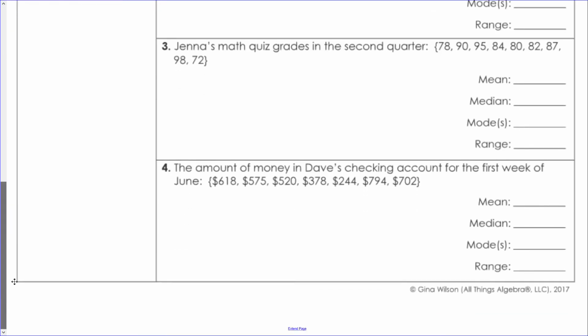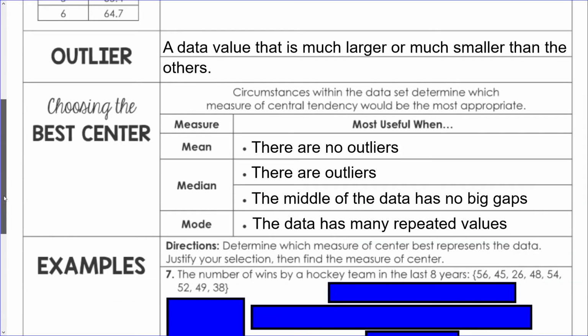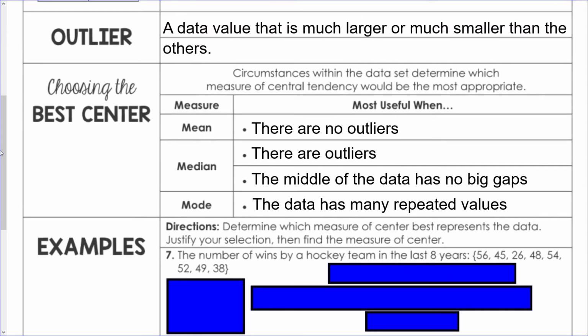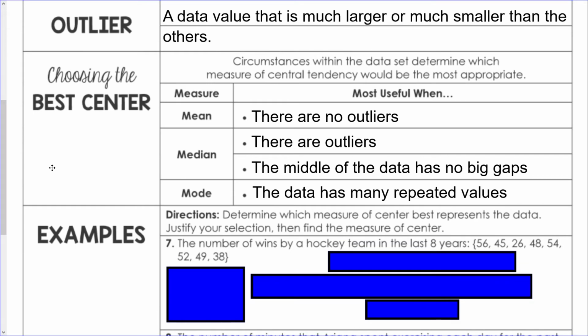All right, there's a little bit more I want you to fill in on one of these sheets. Let me scroll down to find it. I forgot to put boxes here, but I would like you to record this information. An outlier, and this is going to come up in other things we do in this unit, is a data value that is much larger or smaller than the others.